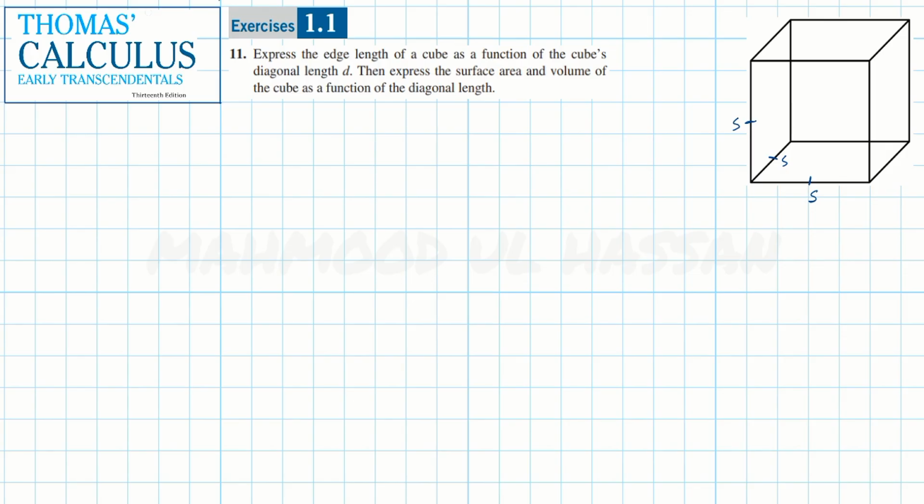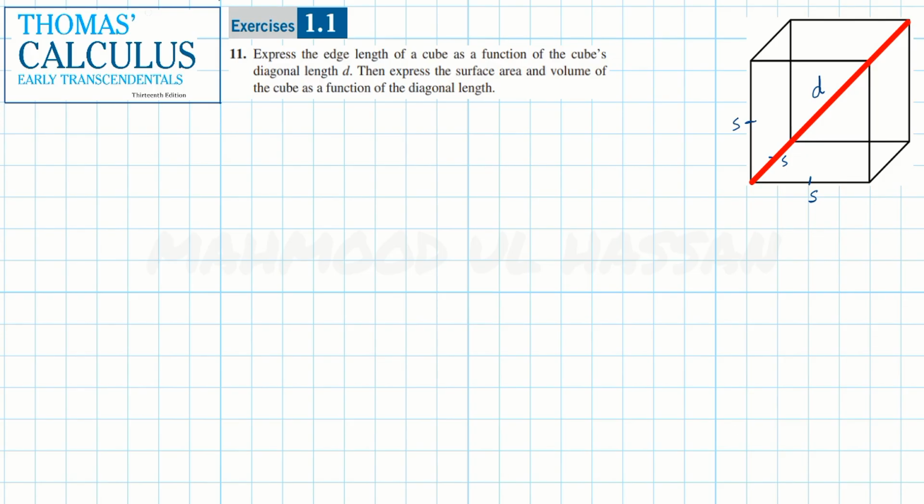Now we have to make a diagonal. We have to join this vertex to the opposite vertex here. So this is going to be the diagonal of this cube. Let the length of this diagonal be d.